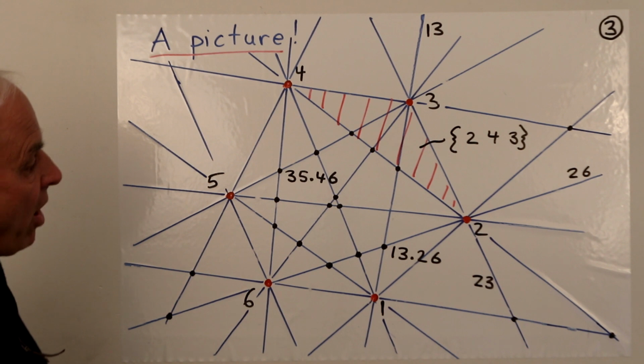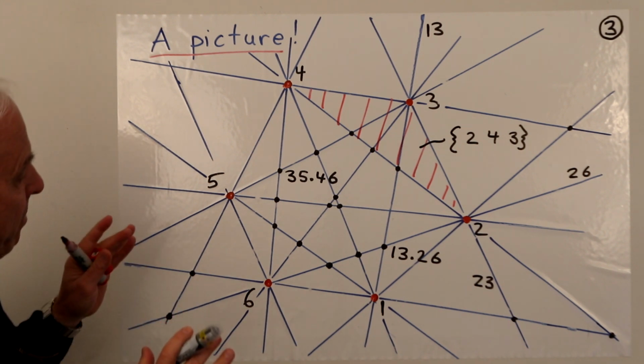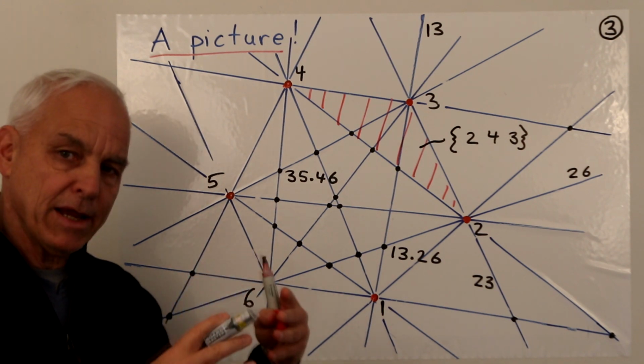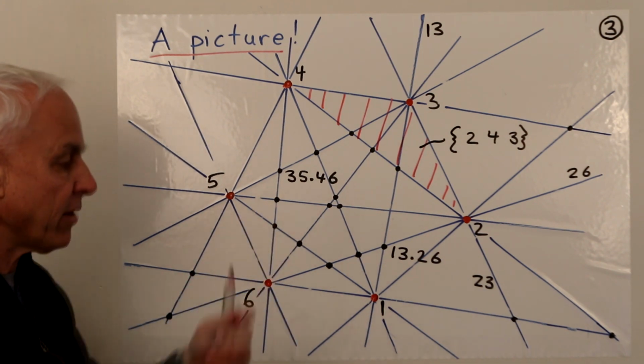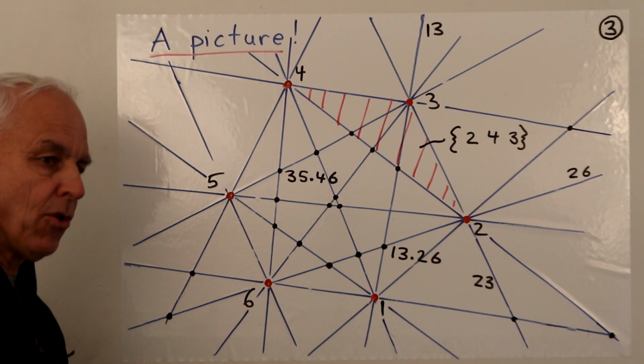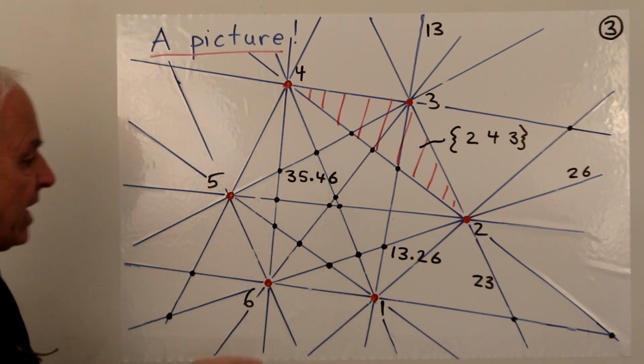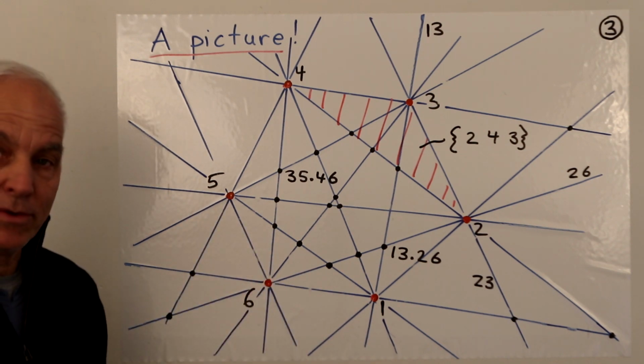And once we've singled out three nodes to form a triangle like this, then there's also kind of the opposite, or the remaining nodes. In this case, 1, 5, and 6.